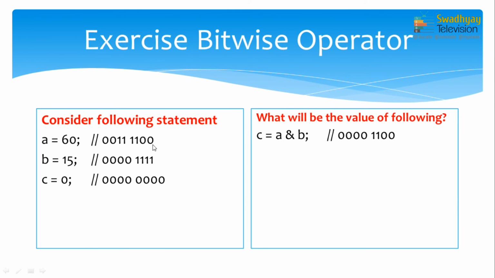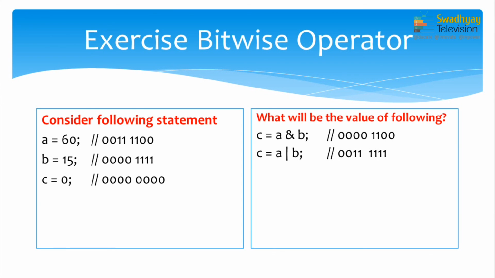So, 0 and 1 will result in 0, then 0 and 1 again result in 0, but the next 1 and 1 are matching, so the result will be 1 1, and all the rest of the 1 0, 1 0, 0 0 and 0 0 will result in 0 0. So, we have the answer which is shown in the comment.